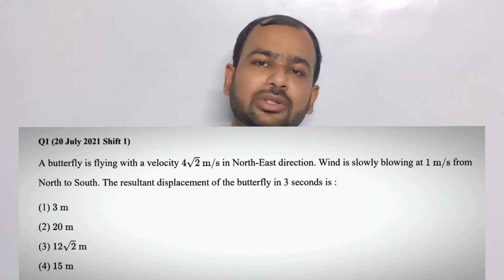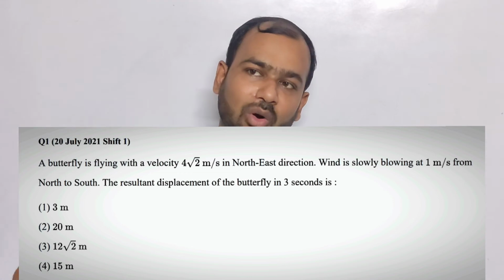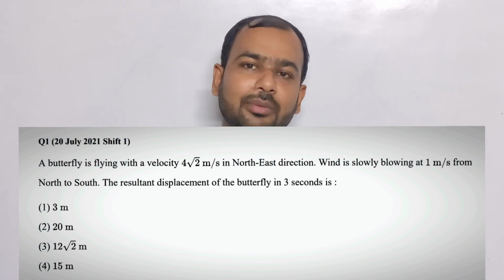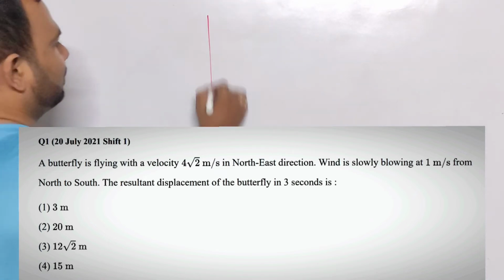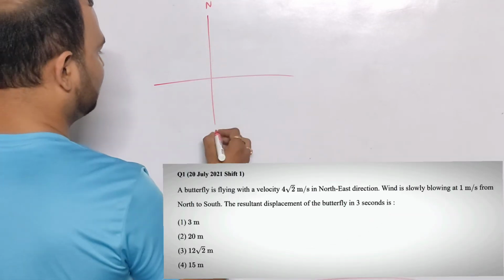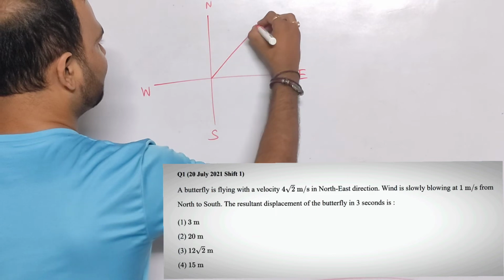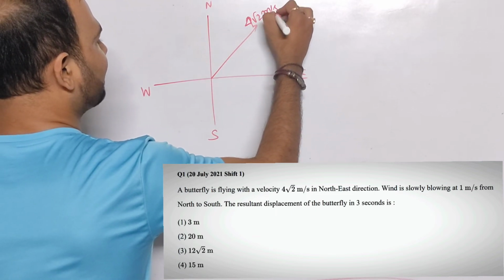This question is also related to relative velocity. It states that a butterfly is flying in a northeast direction with a velocity 4 root 2 meter per second. So first of all, we are going to draw north, south, west, east. The butterfly is flying over here with 4 root 2 meter per second.